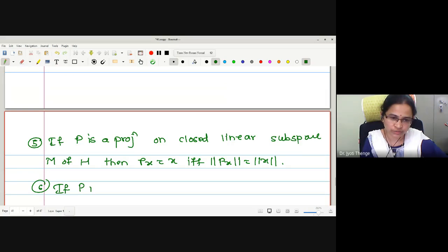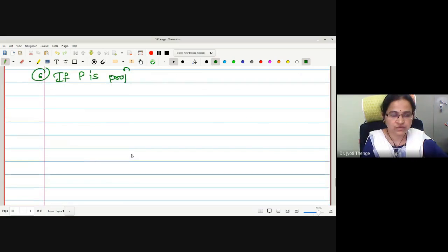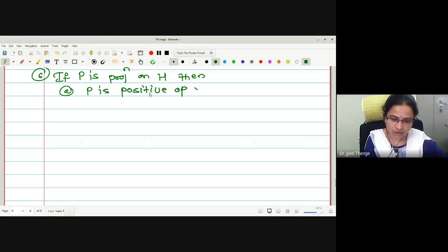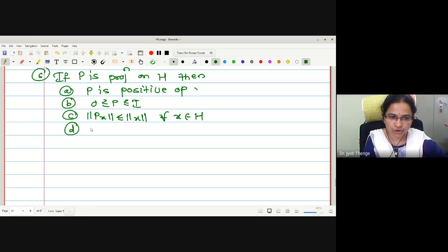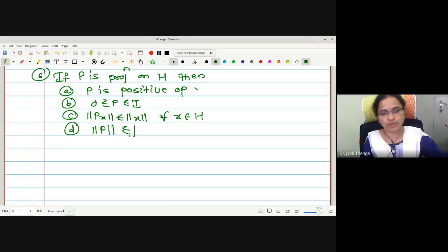If P is a projection on H, then P is a positive operator. Number 2, 0 is less than or equal to P is less than or equal to identity. Number 3, norm of Px is less than or equal to norm of x for all x in H. Number 4, norm P is less than or equal to 1.